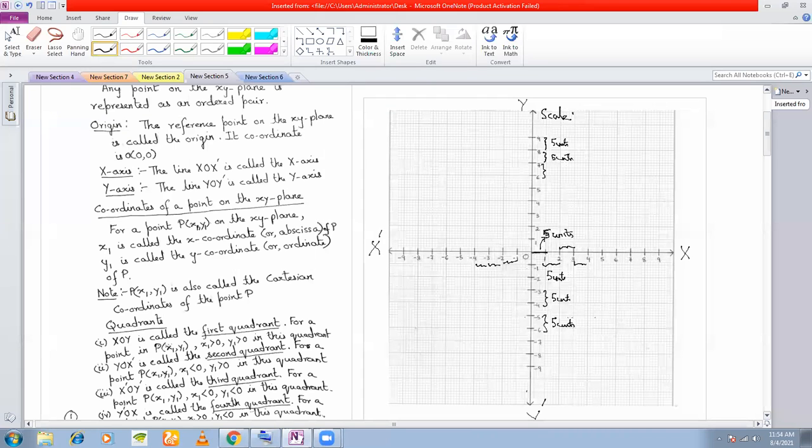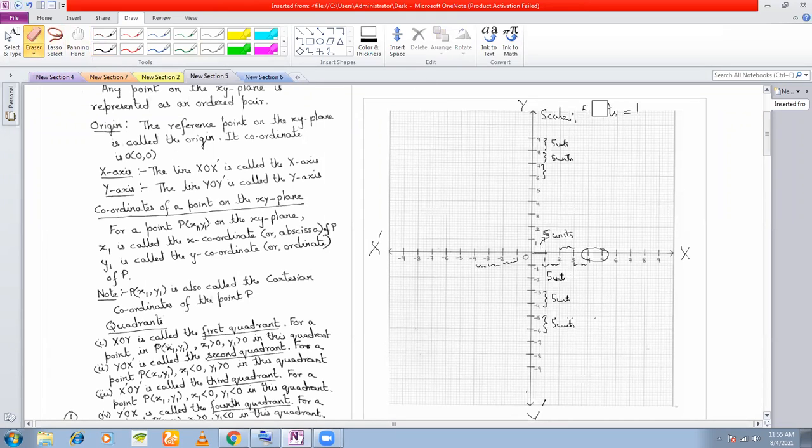See, what happens is that we have taken 5 smallest divisions as 1 unit. You are going to write this on the top left hand corner of the graph, and that too on the squares, not above the squares. 5 smallest divisions is equal to 1 unit.